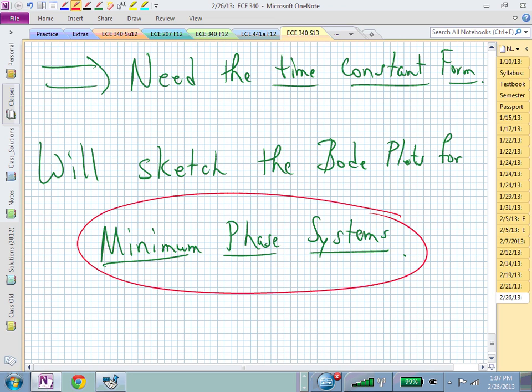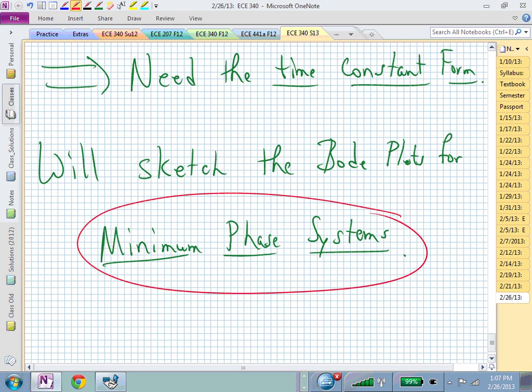If a system is stable, where do you know the poles are? They're all in the left half plane, aren't they? A minimum phase system means that not only are all of your poles in the left half plane, but all of your zeros are there as well.